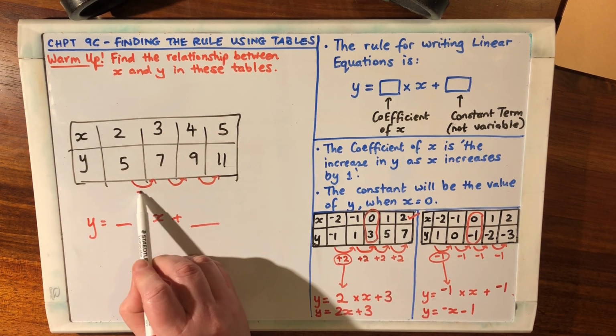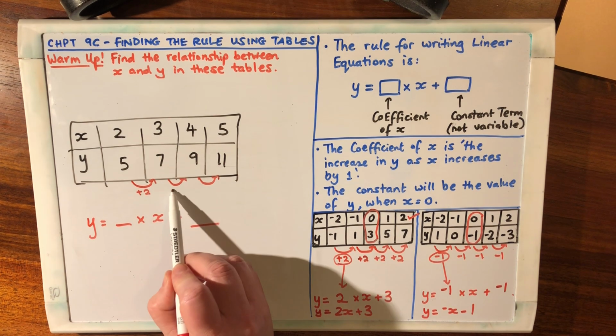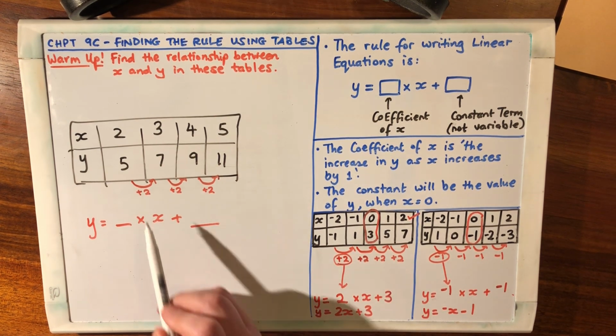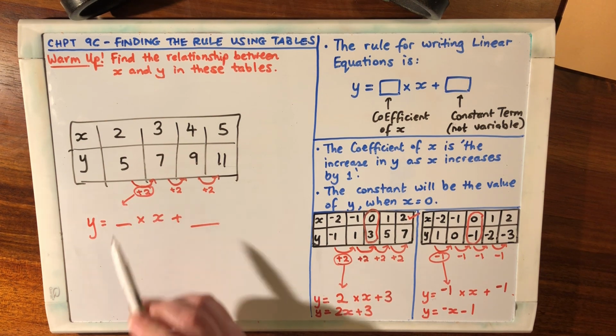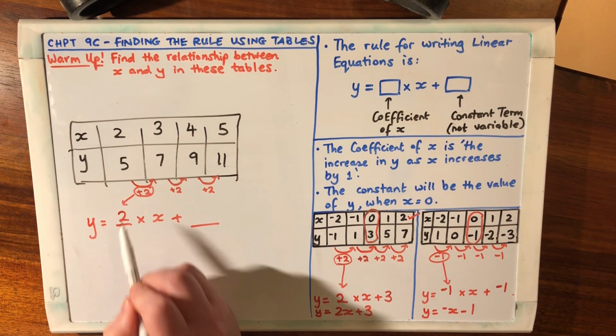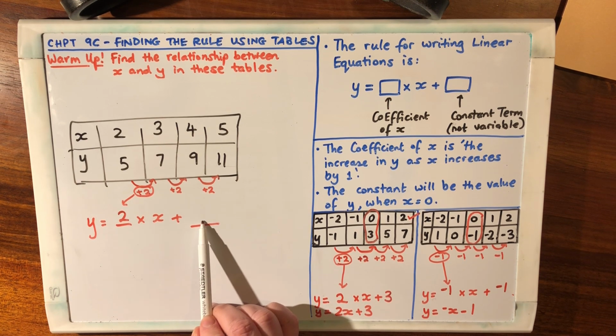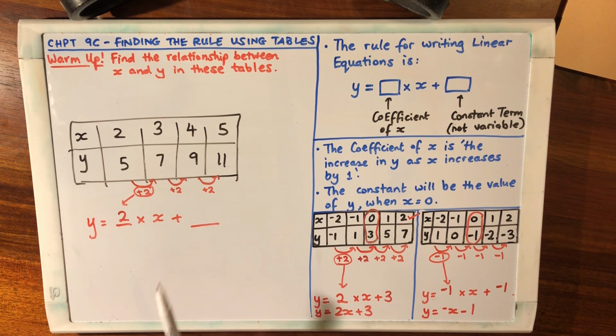We can see that it's increasing by 2 each time. 7 to 9 is 2. 9 to 11, you're adding 2. So this value goes here for our coefficient. It's 2 times x plus or minus whatever the value of y is when x equals 0. But if we look at the table, there's no x equals 0 up here. So how do we work this out?